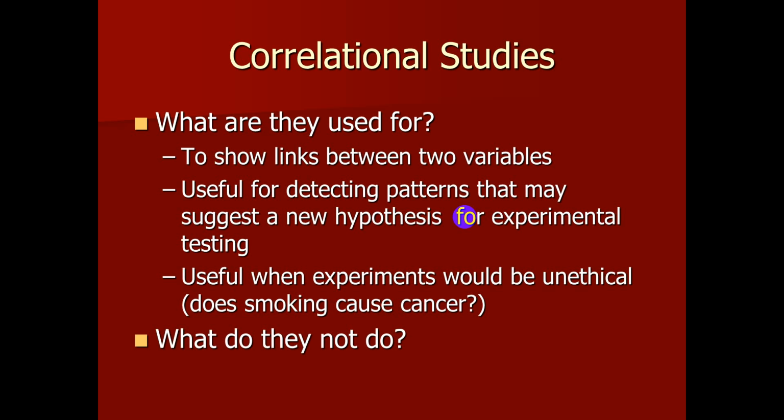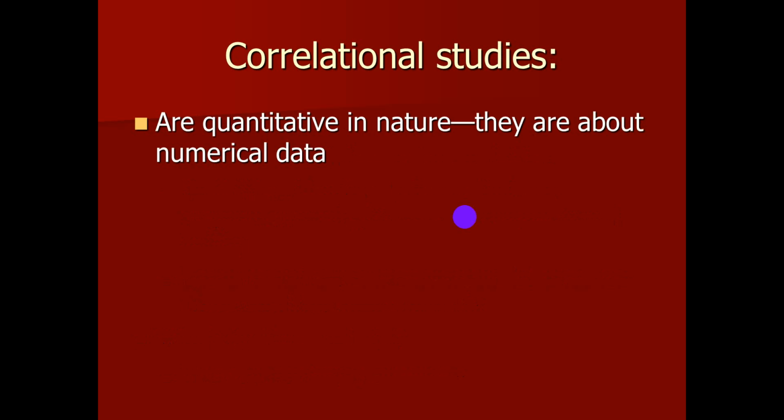What do they not do? They do not imply causation, despite the fact that a lot of times when media portrays them, it shows some type of causation. They are quantitative in nature. They are all about numerical data. Sometimes you're just looking at two data sets and seeing if there's a relationship between the two data sets.